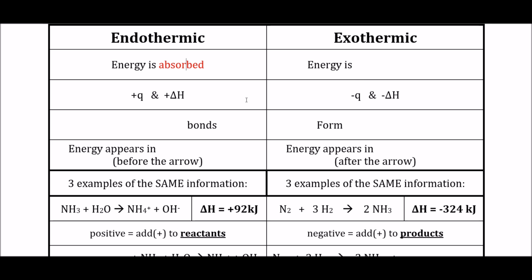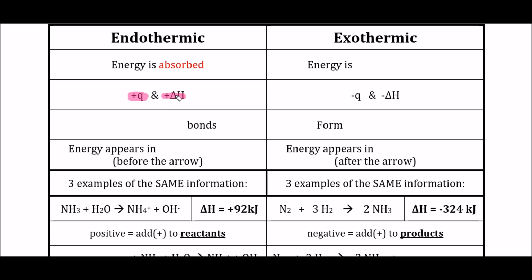And if you remember from two class periods ago, we learned that in an endothermic reaction, Q is going to be positive. And the reason why it's positive is because it's absorbing energy. So you have a positive heat energy going into the system.